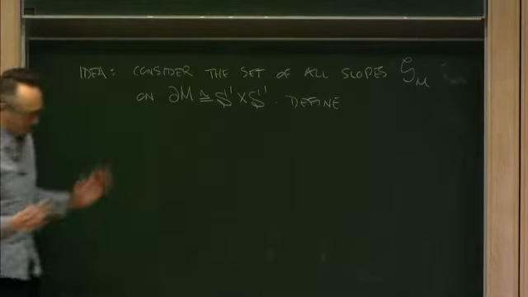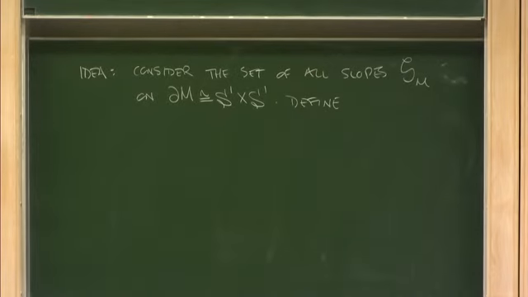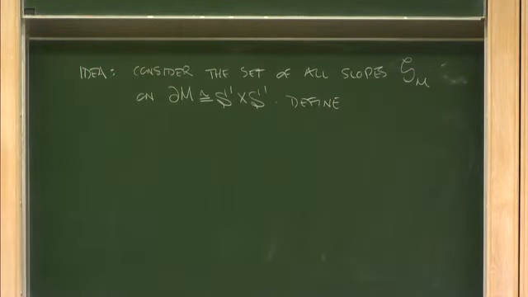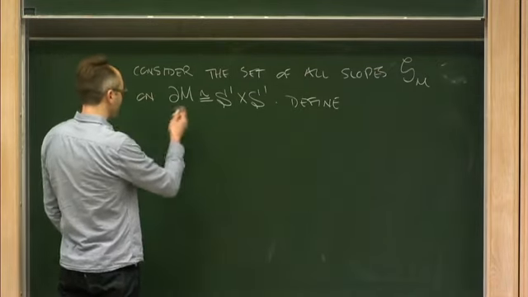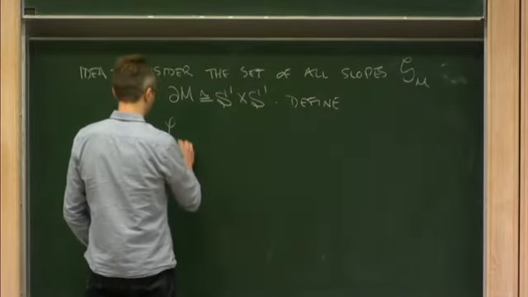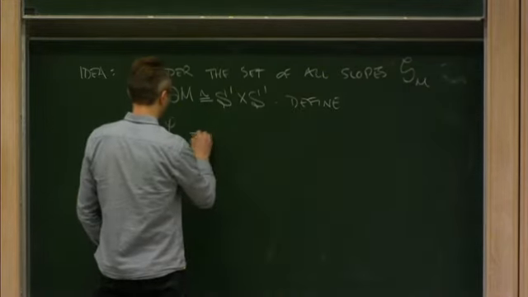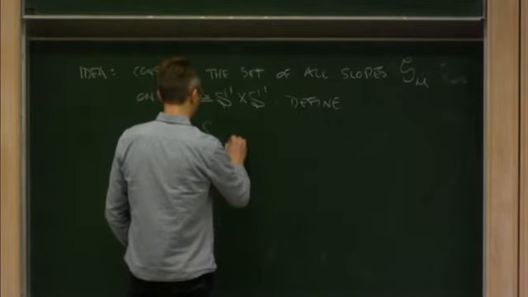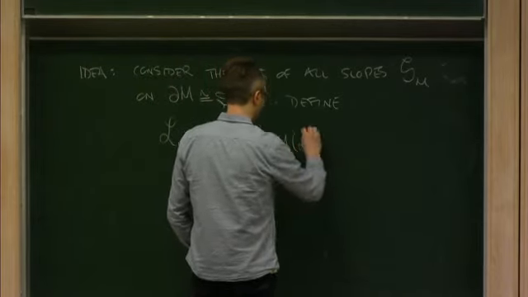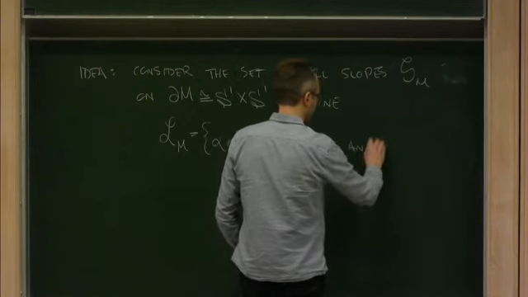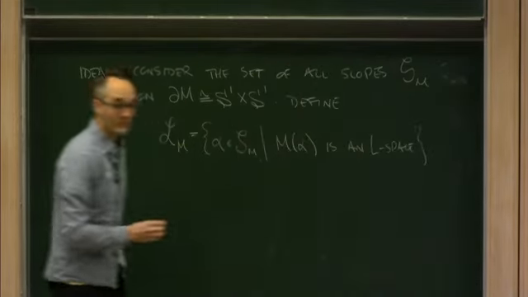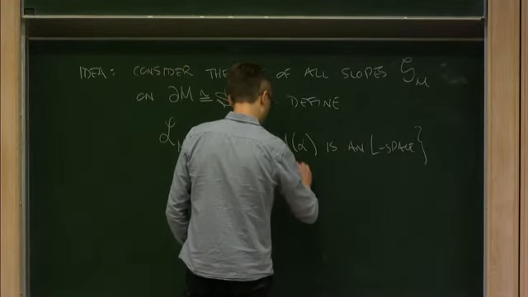So what's the point? It doesn't make any sense to ask if M is an L-space now, since the property of being an L-space is about closed manifolds. So instead you look at all the possible ways that M could give you an L-space. Call this set L_M. This is the set of all slopes in the boundary such that M_α is an L-space.